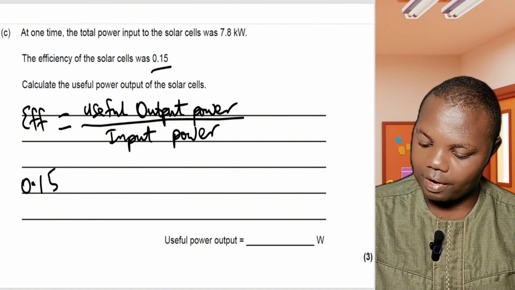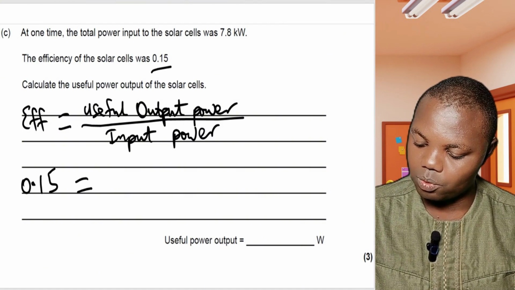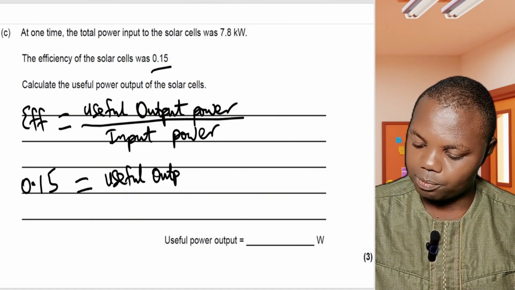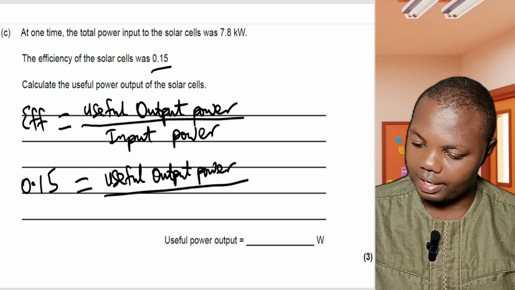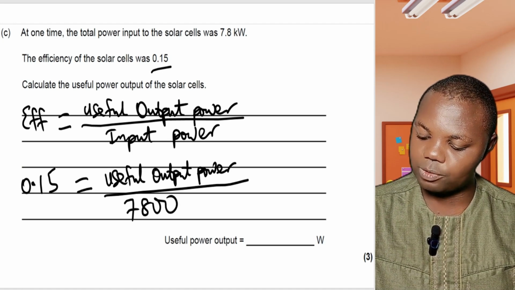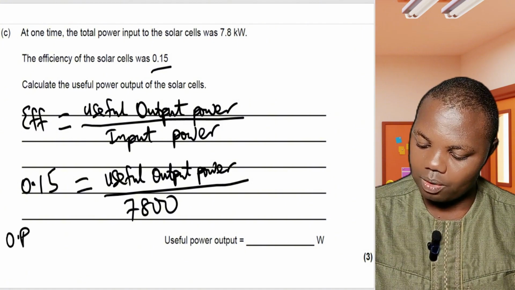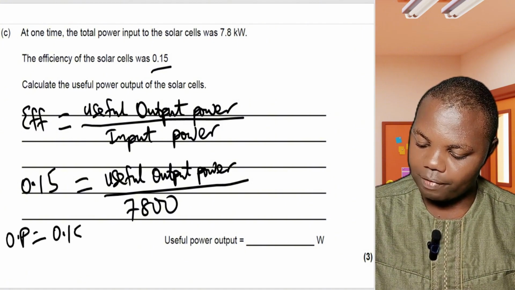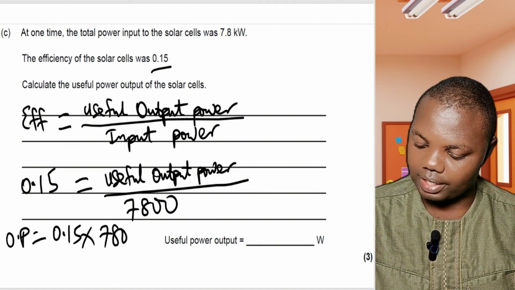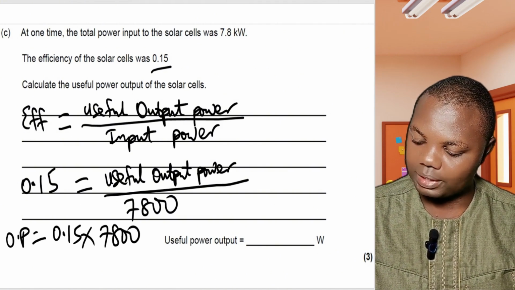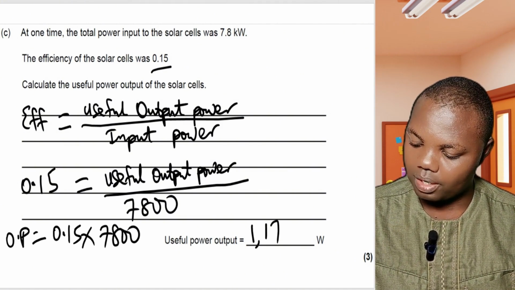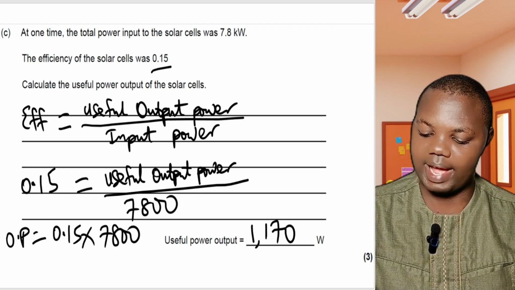That's 0.15 equals useful output power divided by 7,800. So if I cross multiply, that means the useful output power will be 0.15 multiplied by 7,800. And that will automatically give me 1,170 watts as my answer.